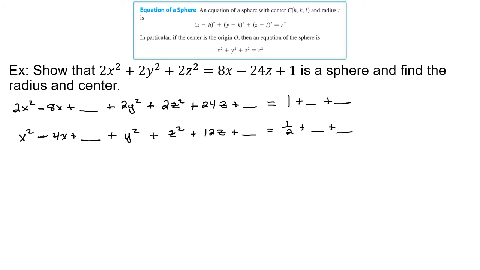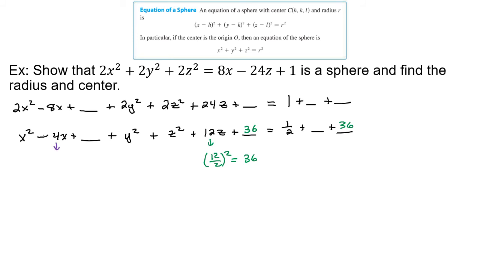Then I'm going to go through that same process that I did on the last one for this one. The 12 right here, I'm going to take half of that number and square it. I'm going to say 12 divided by 2, which is 6, squared is 36. So I'll have a 36 right here and a 36 on this side.